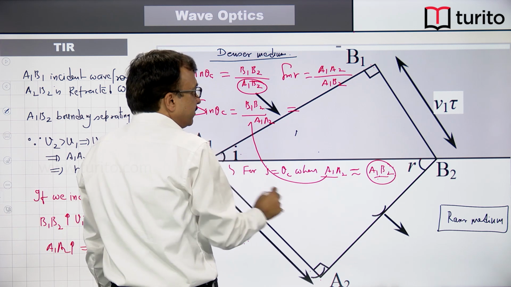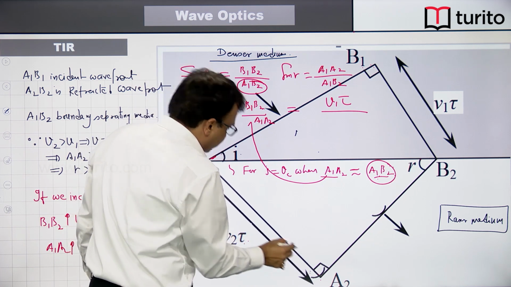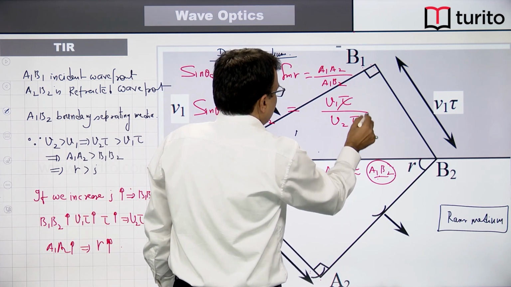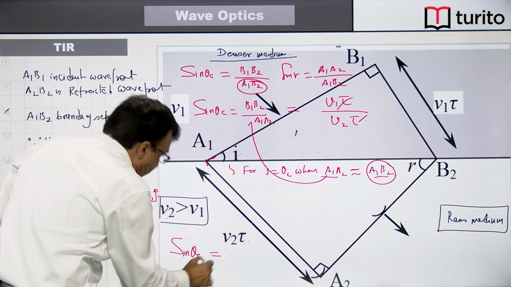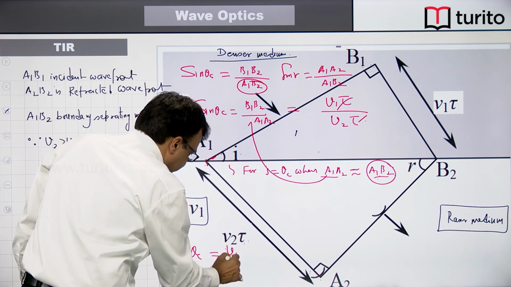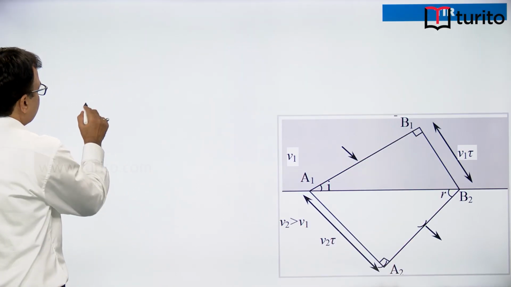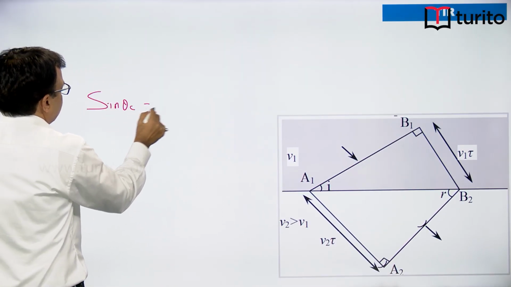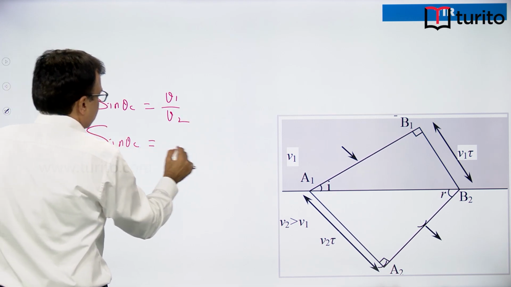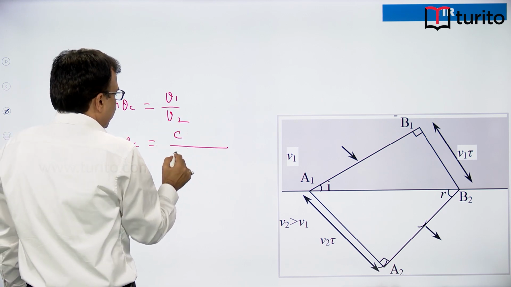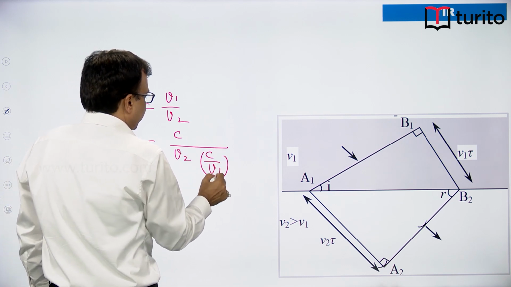B1 B2 is basically V1 tau, upon A1 A2, which is V2 tau. Tau cancels out, then sin theta c equals V1 upon V2. Now I multiply by c and divide by c and bring V1 here.